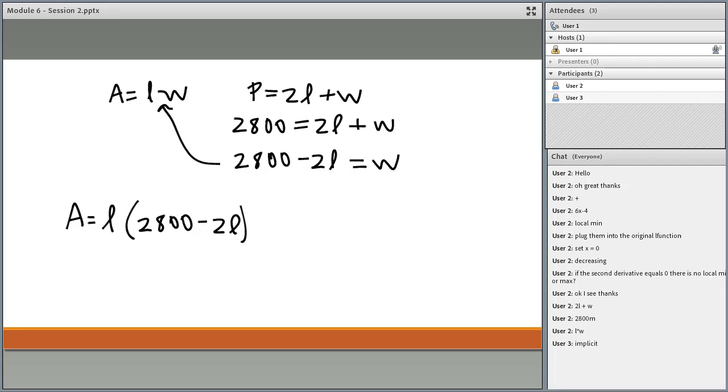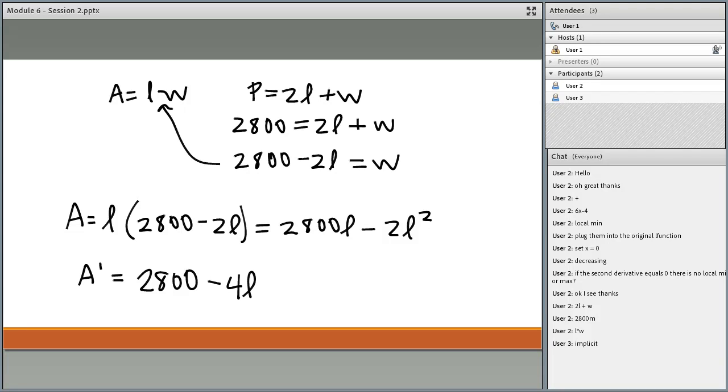And to find the local maximum, I would take the first derivative and set it equal to 0. Because I have to take the first derivative, I'm going to go ahead and distribute this L so that I don't have to use the product rule. Now I can just use the power rule. So the first derivative, A prime, I get 2,800 minus 4L.